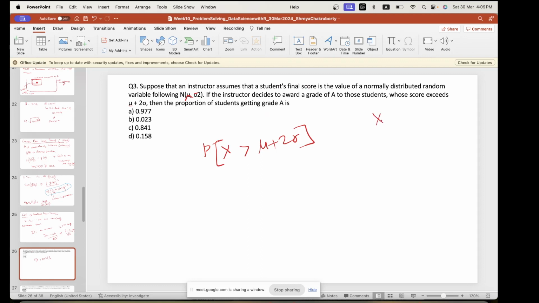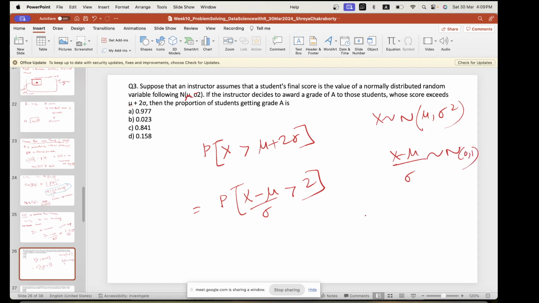X is the student's final score and X follows normal(μ, σ²). So this one we can write as the probability that (X minus μ) by σ is greater than 2. Now (X minus μ) by σ will follow a normal(0, 1) distribution. Therefore, this will be pnorm(2, lower.tail = FALSE).